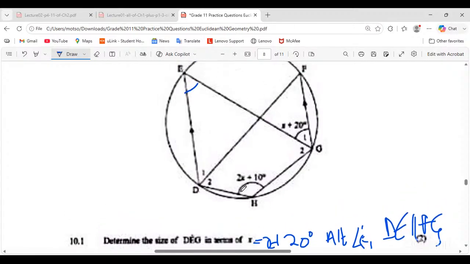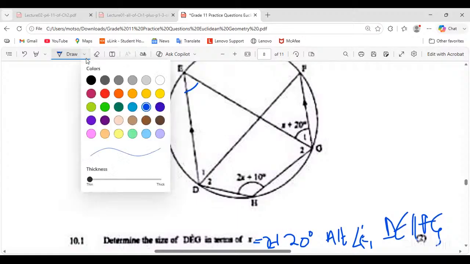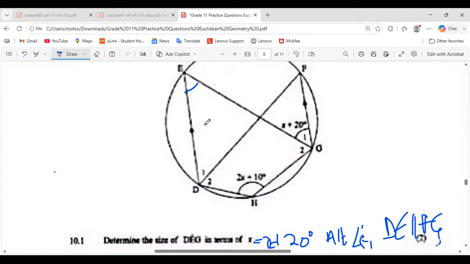Who is DHE? DHE is this one. And we said this is a cyclic quad. Therefore, we said this angle and this angle are supplementary. Therefore, to find the size of DHE.